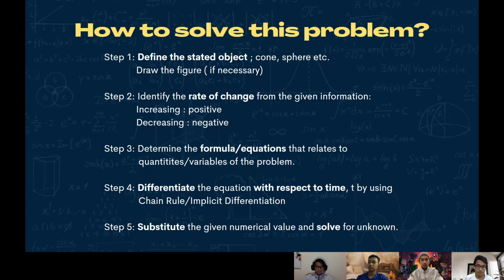For step 3, we need to determine the formula or equations that relate the quantities or variables of the problem. In step 4, we differentiate the equation with respect to time by using chain rule or implicit differentiation. And in step 5, we substitute the given numerical values and solve for the unknown.